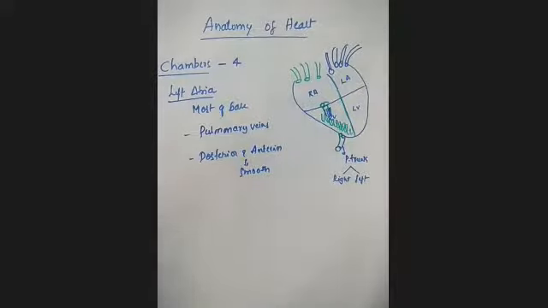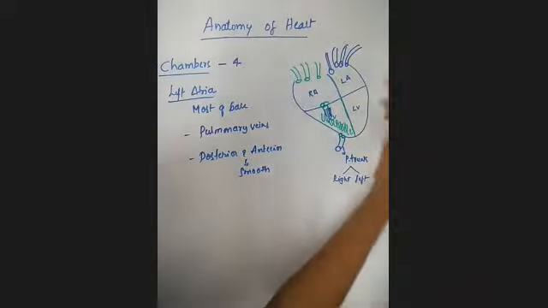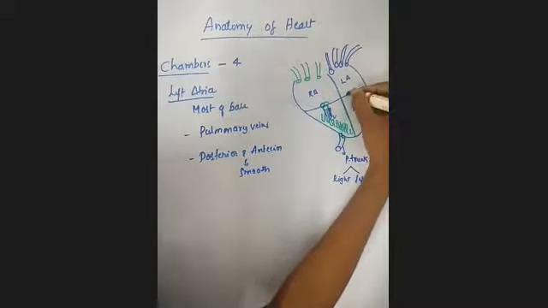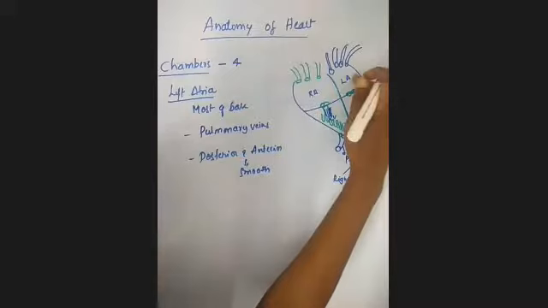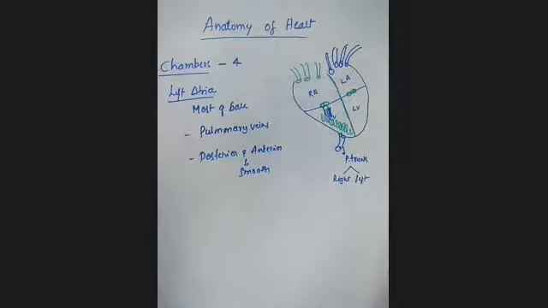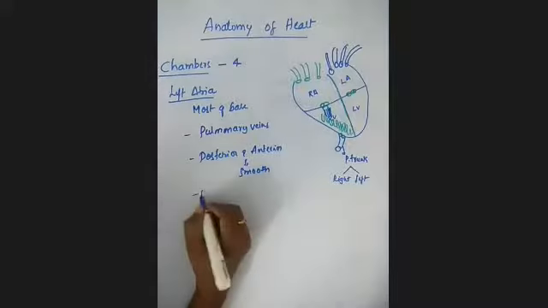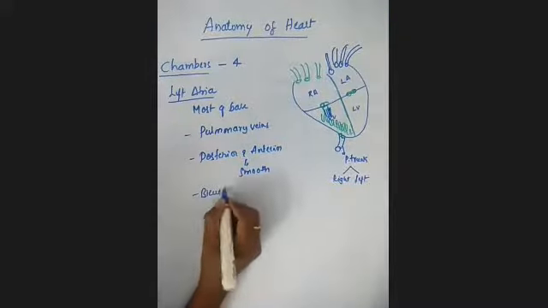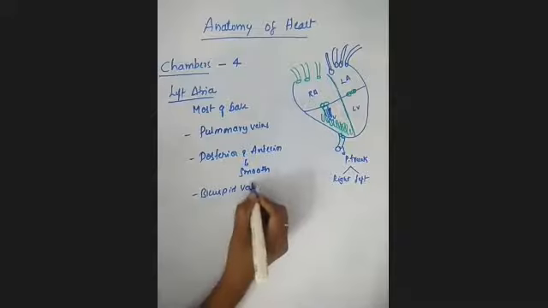But here, both surfaces are very smooth. Next, this left atrium sends blood to the left ventricle with the help of one valve, which you will call the bicuspid valve. Clear? The blood from the left atrium is sent to the left ventricle with the help of this bicuspid valve.